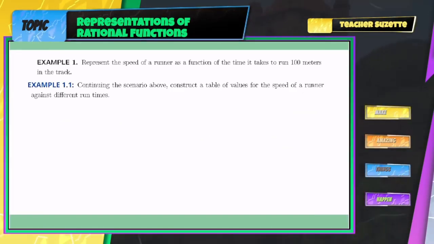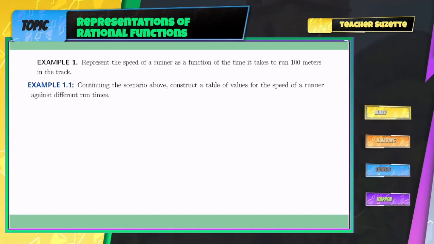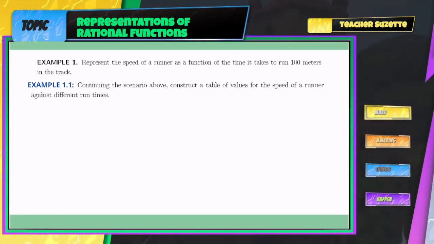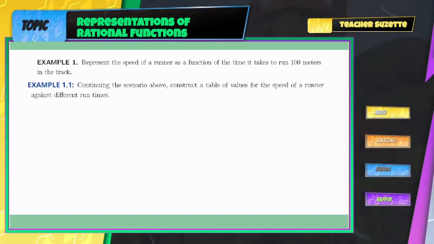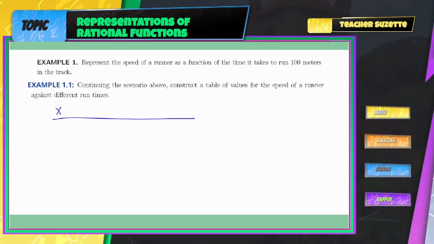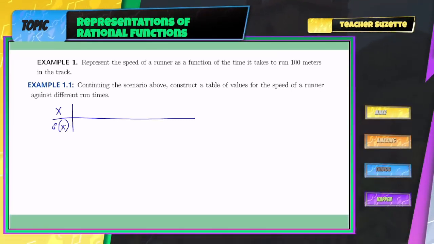Now let's continue. Given our scenario a while ago, let's now construct our table of values. In constructing a table of values, we have, of course, our x, the possible values of x, and our s of x, or our y.